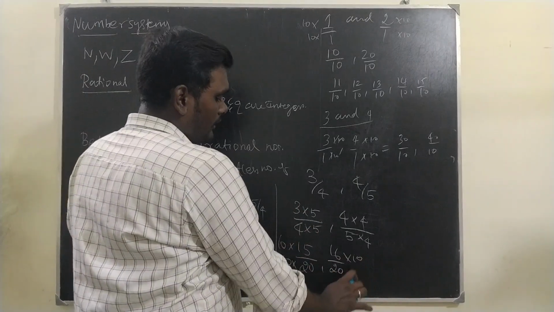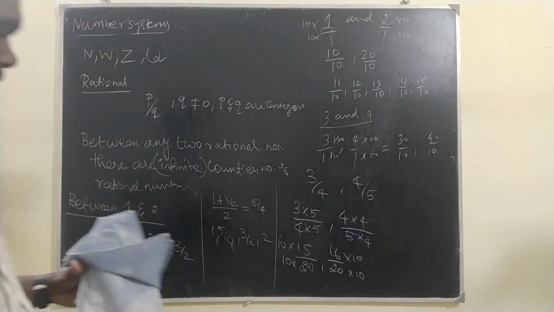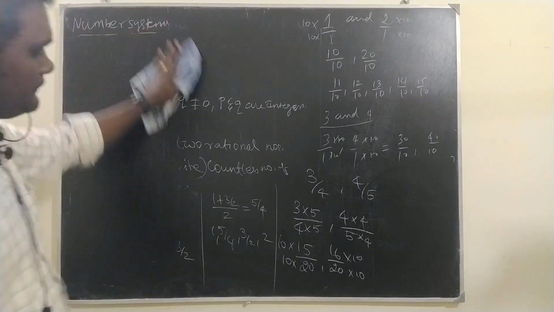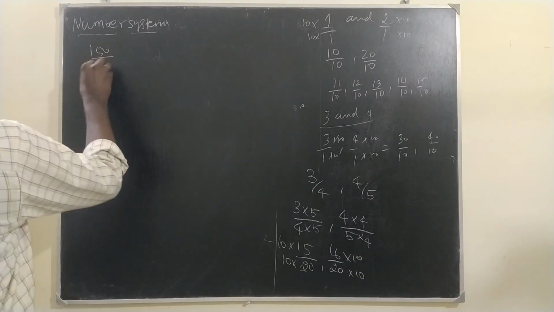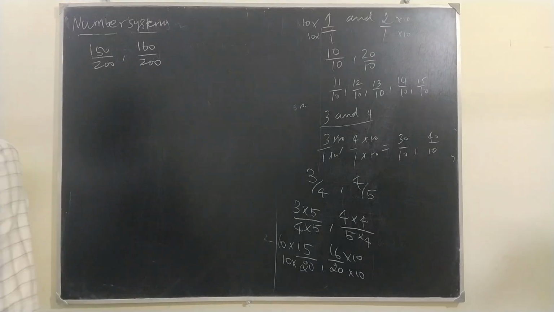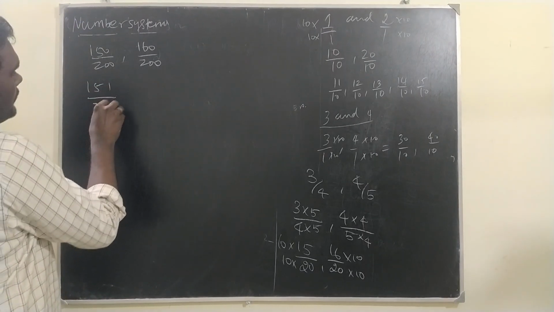So here also numerator into 10, denominator also into 10. Then what we get is 150 by 200 and 160 by 200. See, 10 numbers we got. What are all the numbers? 151 by 200.